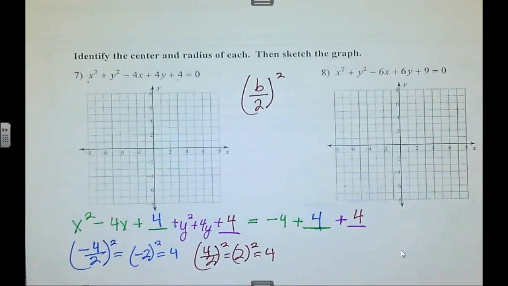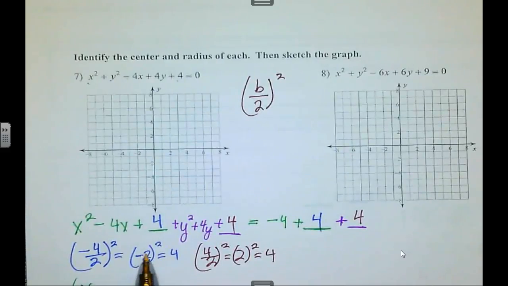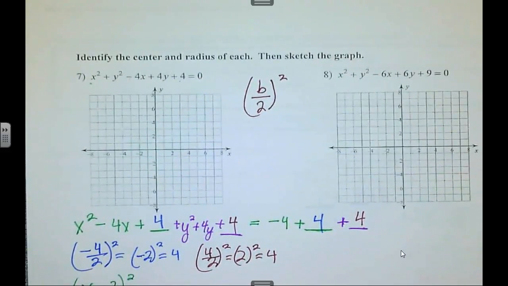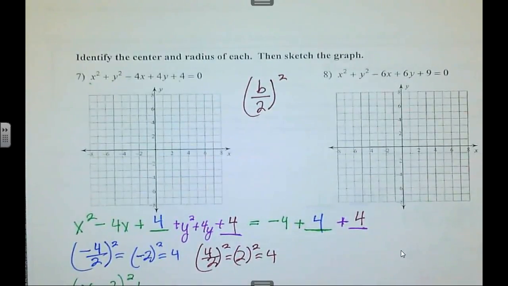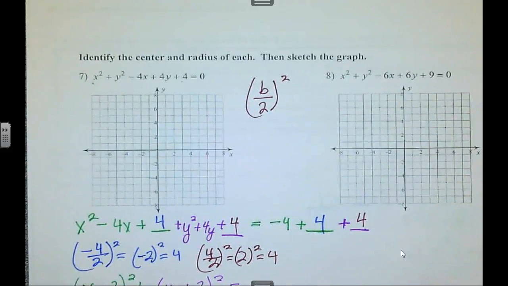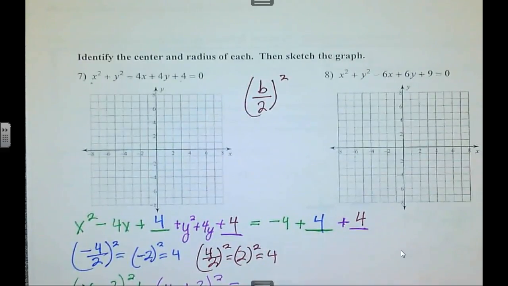Okay. So I have x minus 2 squared plus my y's, I have y plus 2 squared. And then I have negative 4 plus 4 is 0, plus 4 is 4.